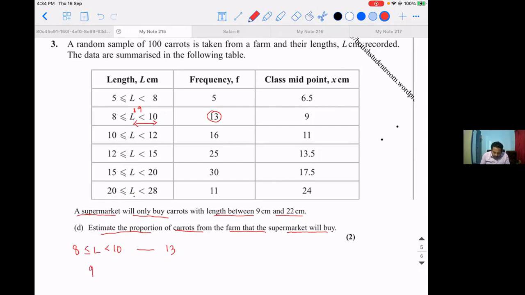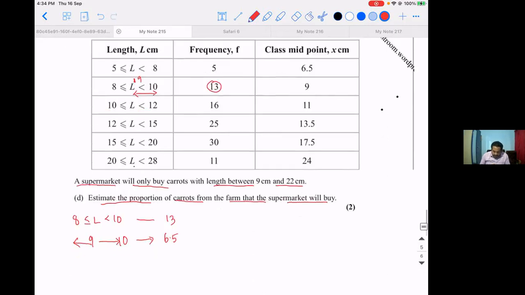Therefore, 9 is actually the midpoint, halfway between 8 and 10. So 9 to 10 will be 6.5. It's basic logic, right?